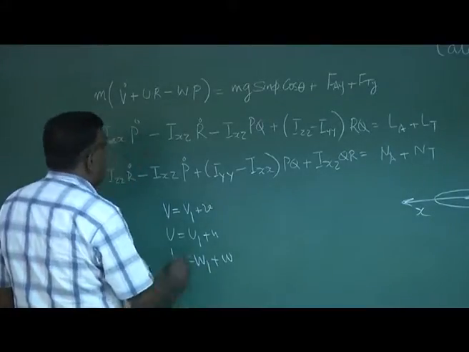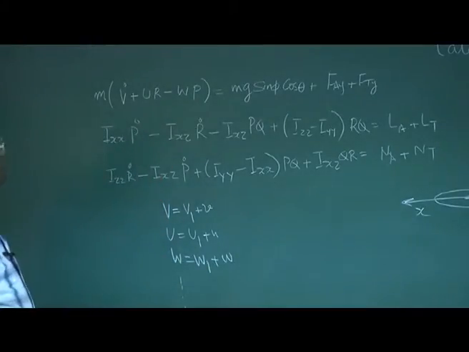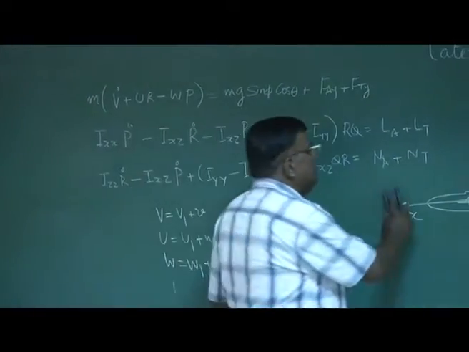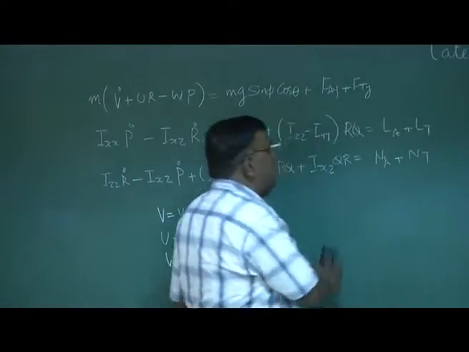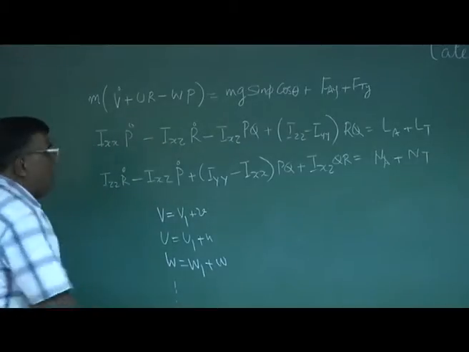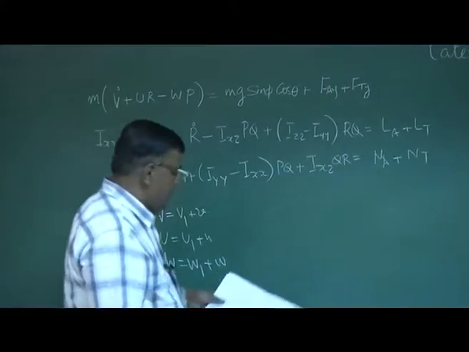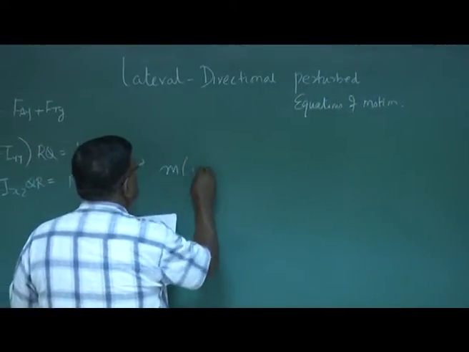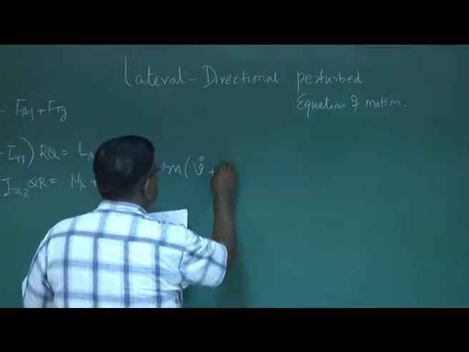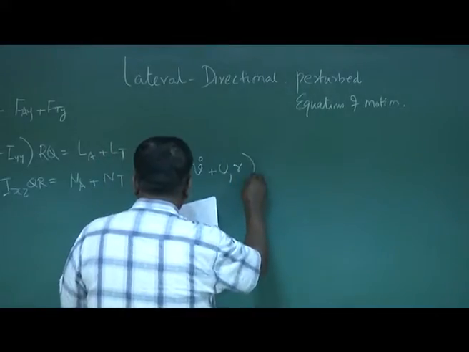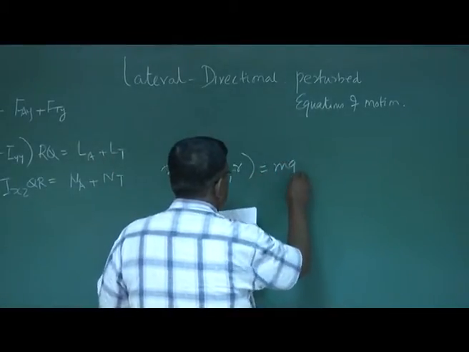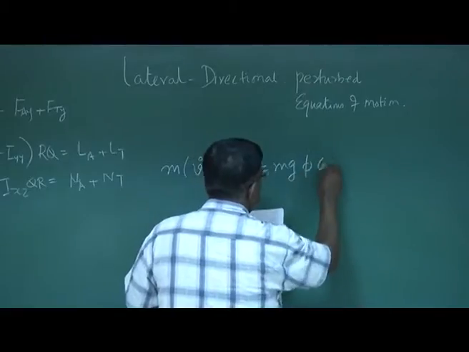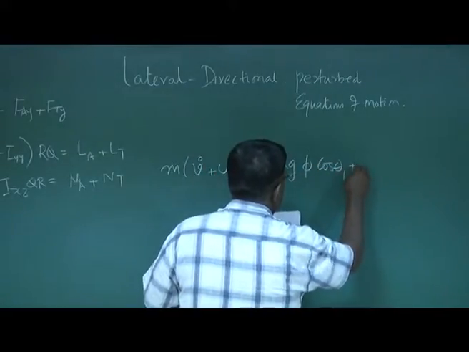Substituting and exactly following whatever you followed for the longitudinal case, you will get the perturbed equations of motion as m(v dot + u1 r) = mg phi cos theta 1 + Fy.